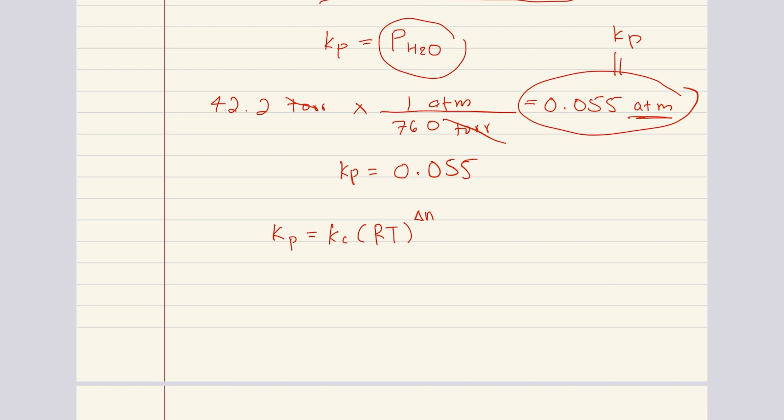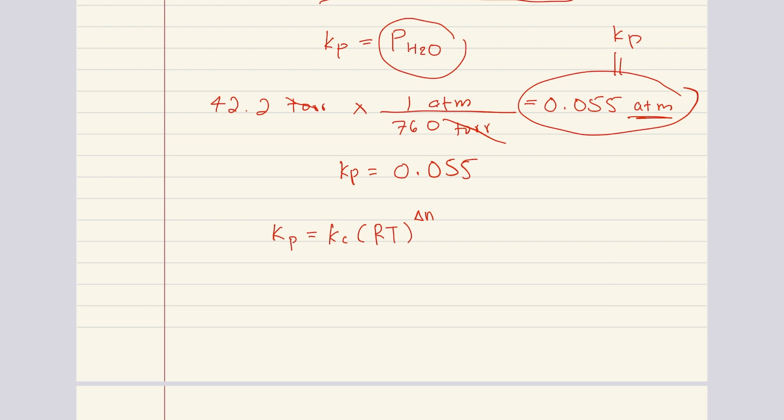So that means if your equilibrium has a liquid or solid, you do not include it in the equilibrium constant expression, and you do not include it when you're calculating delta N. So here, for this balanced equilibrium equation, there is 1 mole of water in the gas phase on the product side and 0 moles of gas on the reactant side.